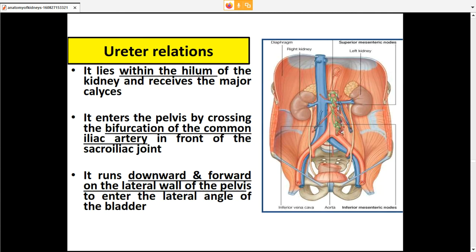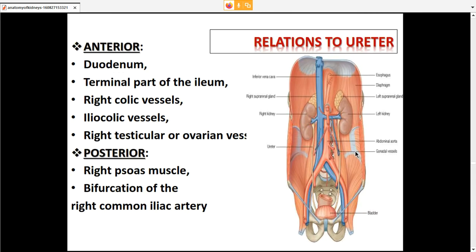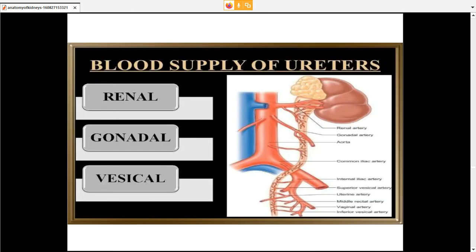For the relations, it lies within the hilum of the kidney, then it receives the major calyces, then it enters the pelvis by crossing the bifurcation of the common iliac artery. The abdominal aorta divides into the right and left common iliac arteries. These are not necessary for you.